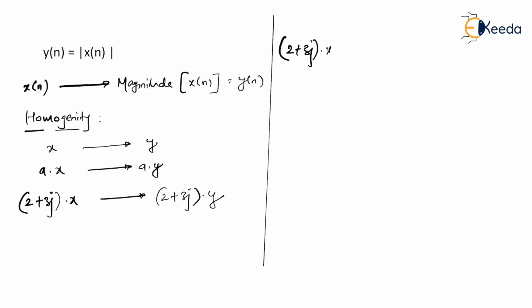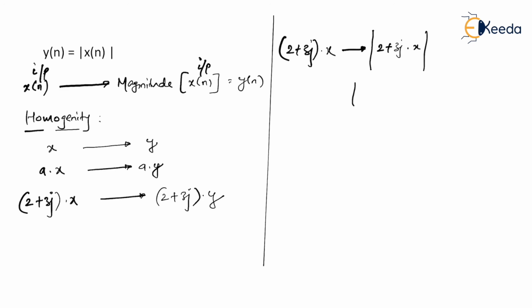times x. So by the nature of the system, whatever input you apply, it gives you the magnitude of the input. So this time output will be the magnitude of the input, which is 2 plus 3j times x. Is that right?